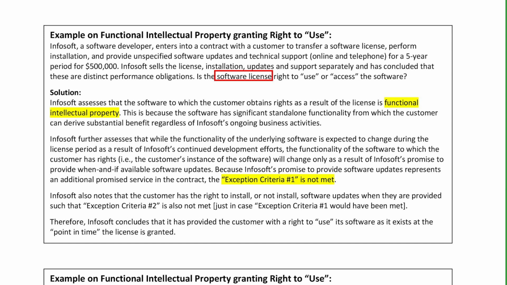Also, the customer has the right to install or not install software updates when they are provided, such that exception criteria 2 is also not met. Therefore, our mnemonic, FUN, holds true, where the functional intellectual property provides the customer with a right to use the software as it exists now. That means at a point in time.